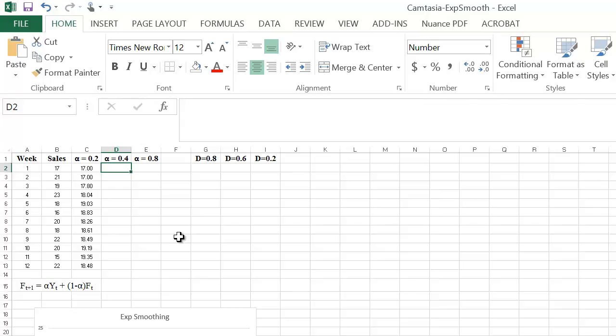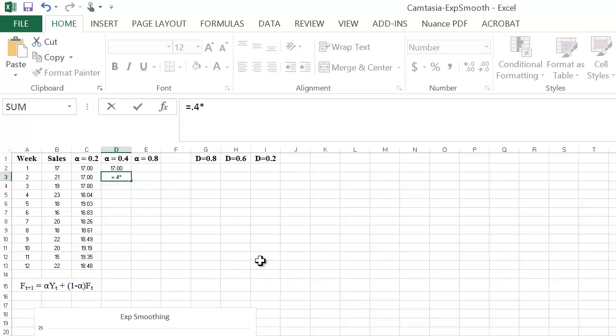So for alpha equal to 0.4, again, the starting point for period 1 is 17. I know the observation of actual sales in period 1 is 17, hence there's nothing to forecast. So by default, my forecast for period 1 is 17 here as well. Now the interesting thing starts from period 2. What is my forecast for period 2? This would be equal to 0.4 times the actual value of sales that I observed in period 1 plus 0.6.